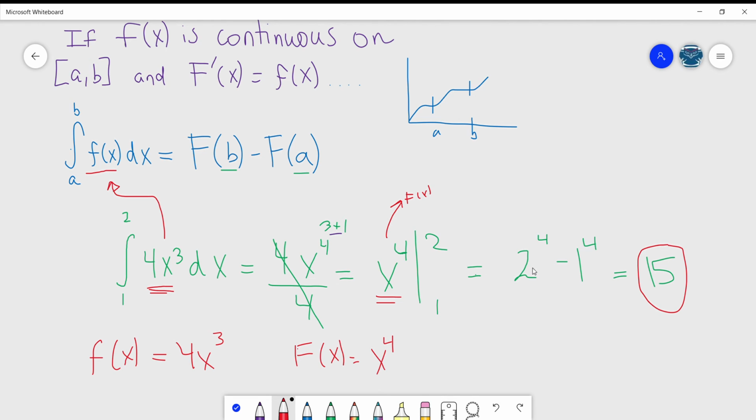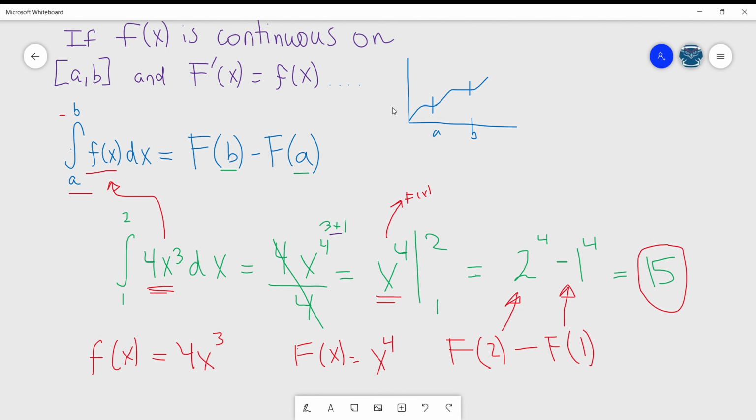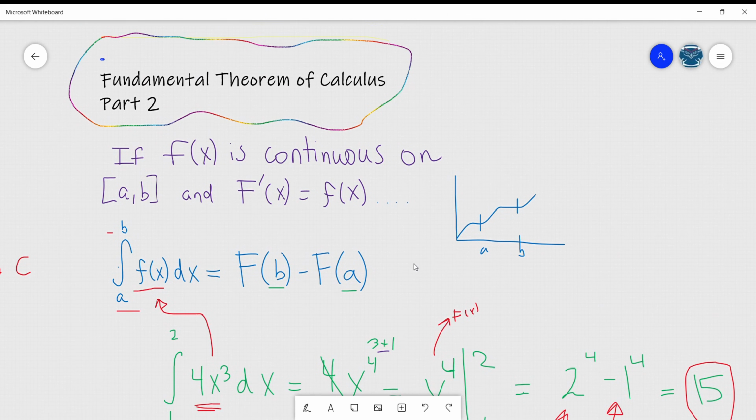Big F of x is just the actual integral of f of x. And now, since we're going from a to b as a definite integral, we're going to plug in b, which would be 2, minus big F, which is x to the 4th, of a, which is 1. And that is actually reflected up here. So as you can see, the second fundamental theorem, the Fundamental Theorem of Calculus Part 2, you've actually been doing it the entire time.